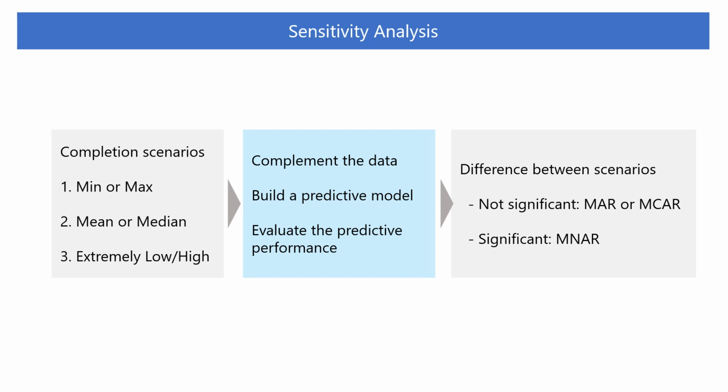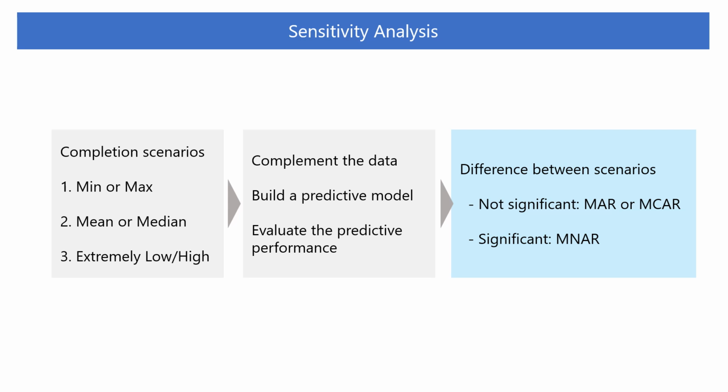After setting the scenarios, complement the data based on each scenario, build a predictive model, and evaluate the predictive performance. Then, if the results do not differ significantly between scenarios, it is assumed that the completion method does not have a significant impact on the model.